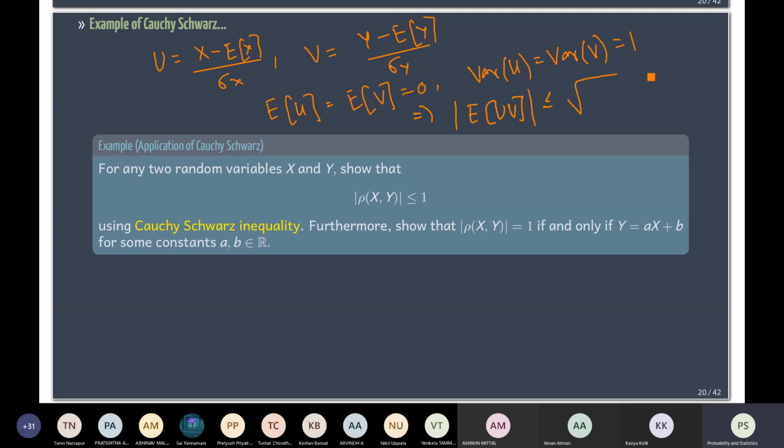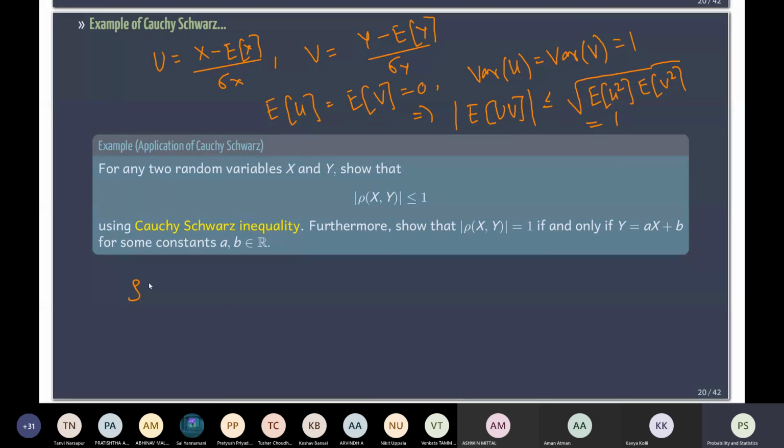By Cauchy-Schwarz, the expectation of uv is less than or equal to the square root of expectation of u square times expectation of v square, which is less than or equal to 1.